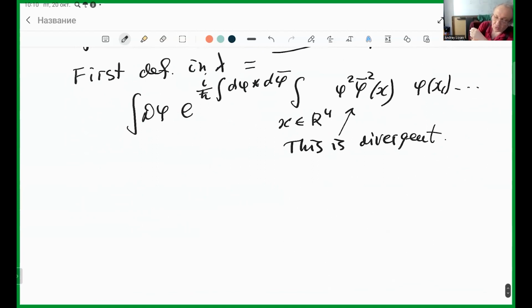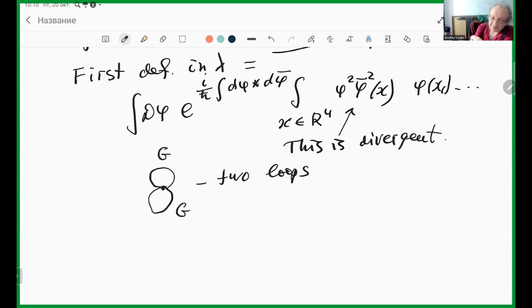So those who know diagrams say that this divergence comes from this diagram, two loops. And here we have a Green function, and here we have a Green function.